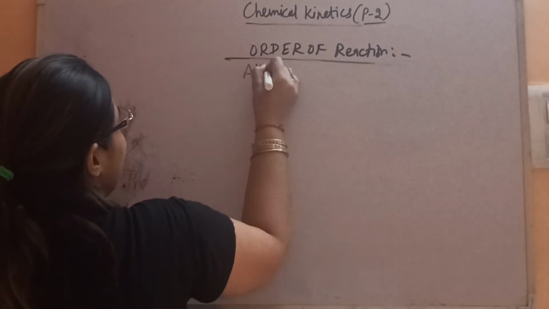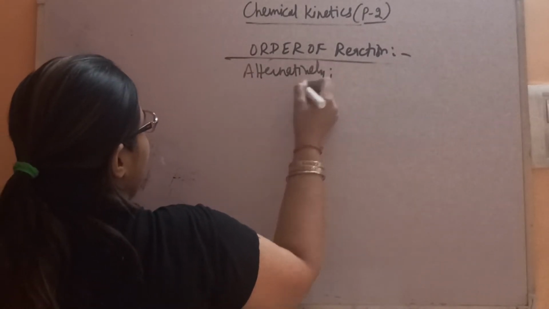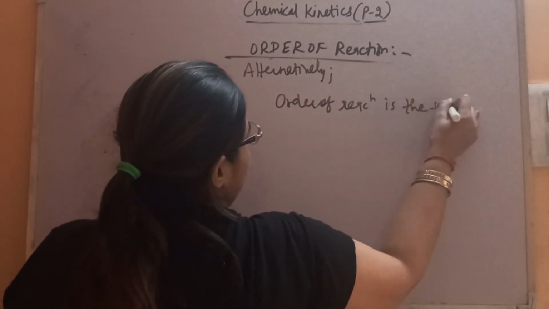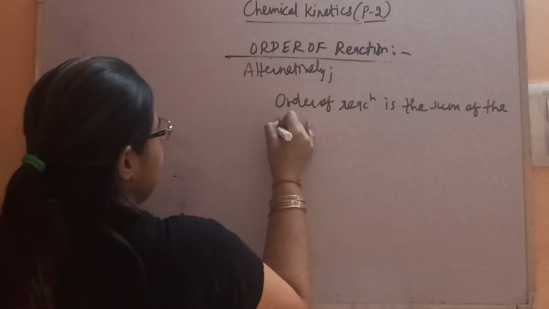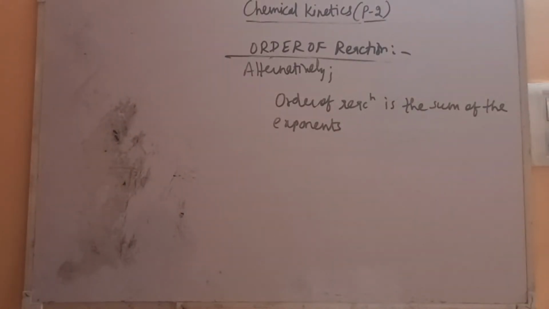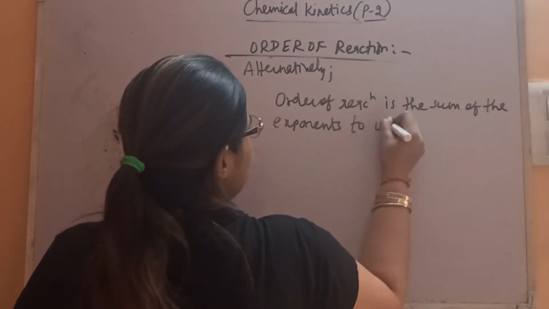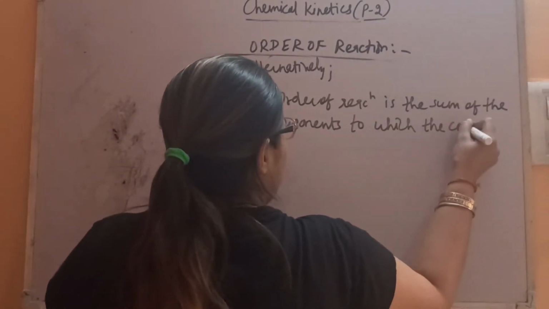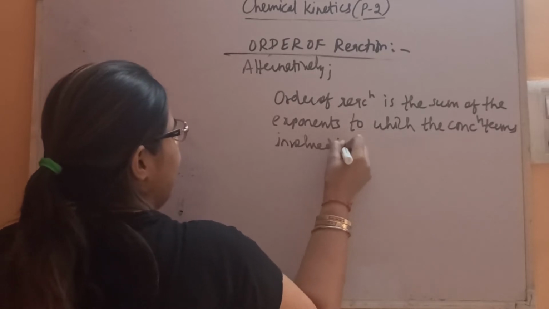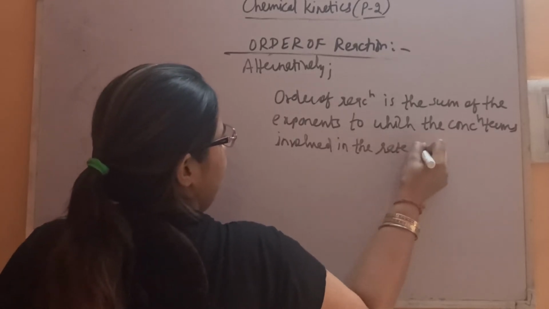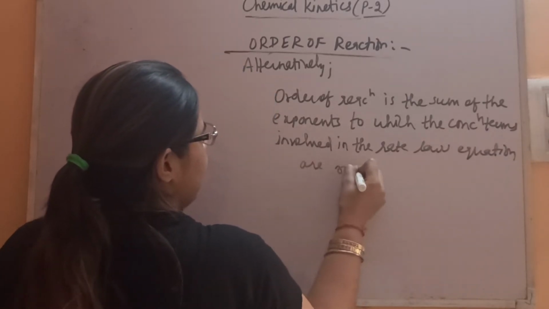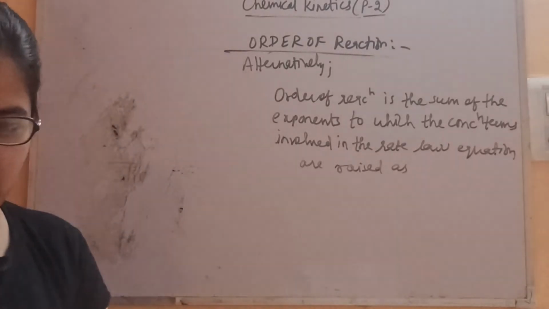Alternatively, order of reaction is the sum of the exponents to which the concentration terms involved in the rate law equation are raised as observed experimentally.